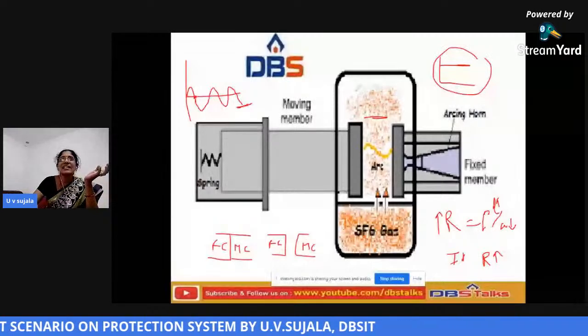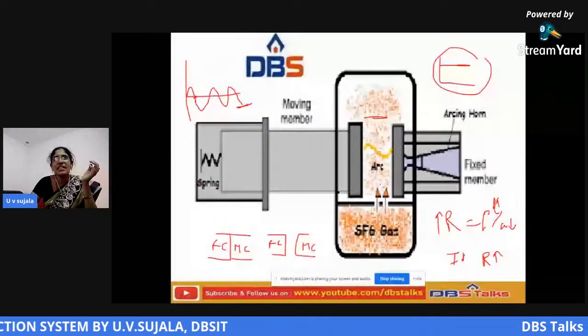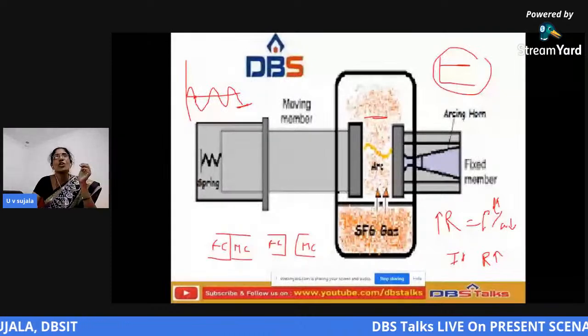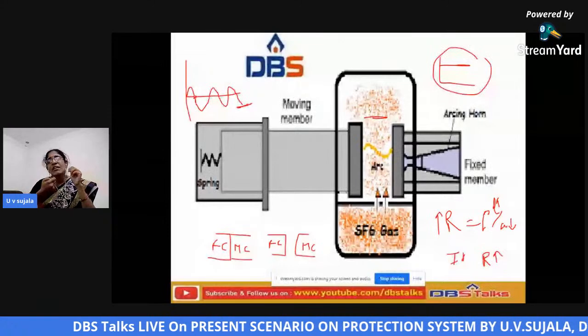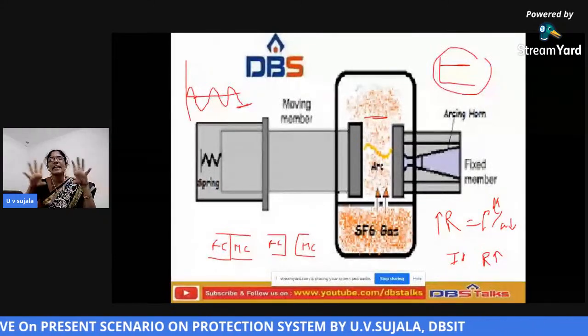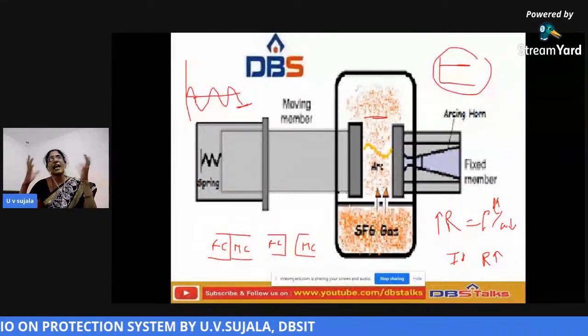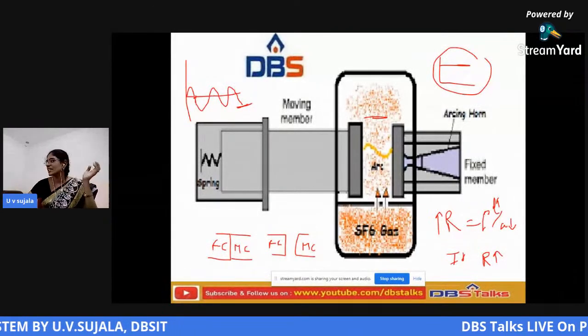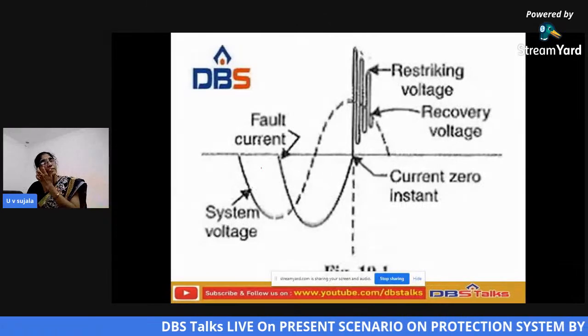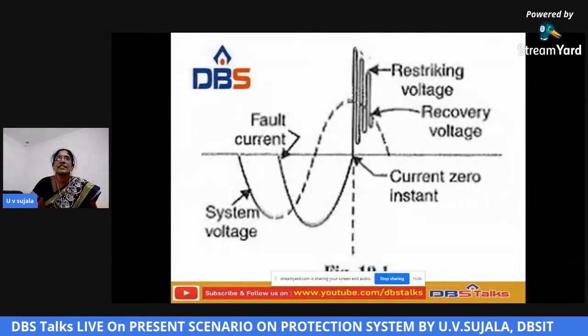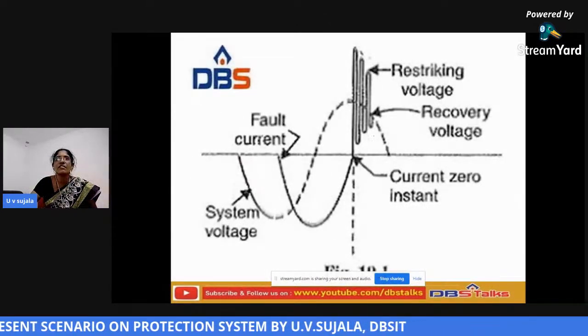So the main disadvantage of this current zero method is that whenever it comes to zero, it is a very small time. For that time only you have to extinguish the arc. Otherwise, again it comes to restriking. So here, I will show the figure. Generally, this will be the system voltage, the sinusoidal voltage.